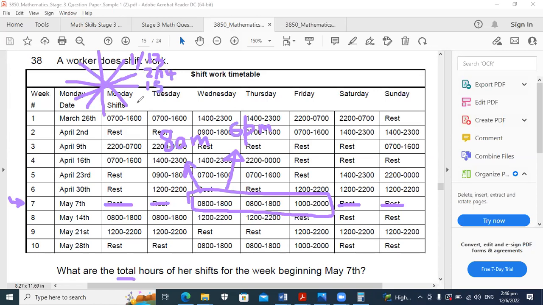Then 4 o'clock is 1600. 5 o'clock is 1700. And 6 p.m. is 1800, right? How many hours between 8 o'clock in the morning and 6?